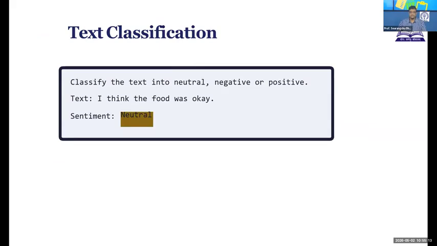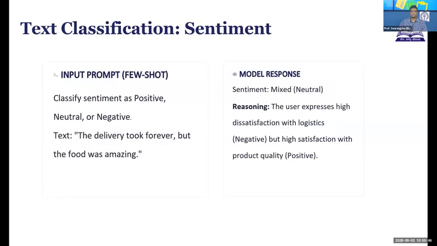The third commonly used application is text classification. Classify the text into neutral, negative, or positive, and then you provide the text and ask for the sentiment. This is the prompt, and again you can have a system prompt which says you are an expert sentiment analyzer or something like that.